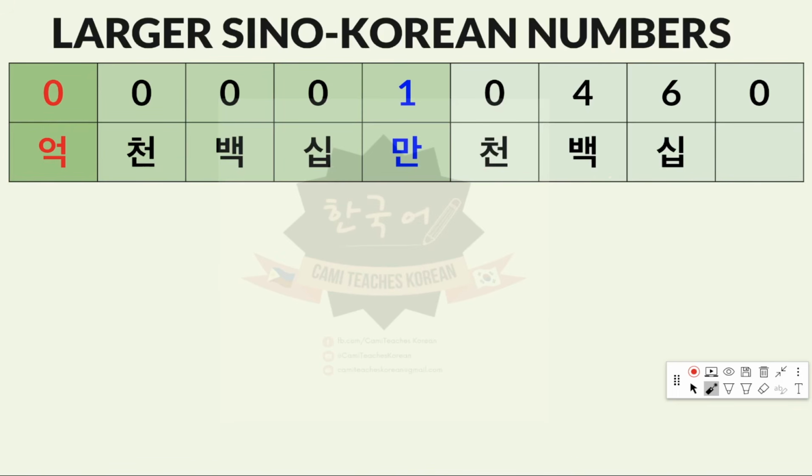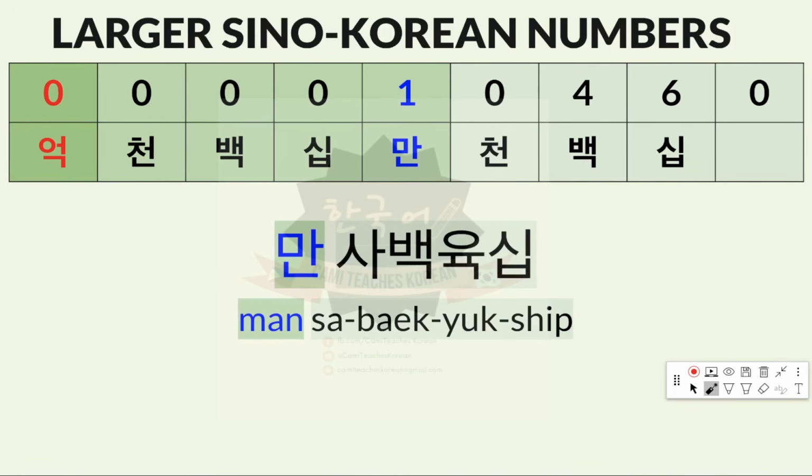So, our first example is 10,460. If there is a digit in the man place, we read the digit. But when we're at man, it's optional to add il. It's the same as bek and chon, our 100 and 1,000: we do not need to put il before man. It's optional. Later, I will explain more. But for now, we can say man alone.